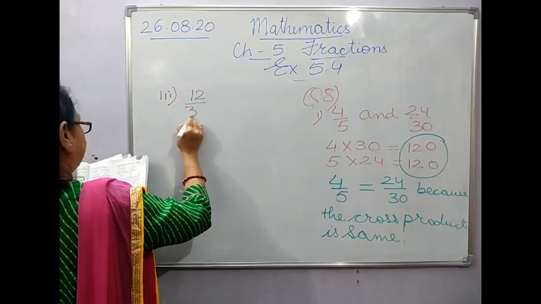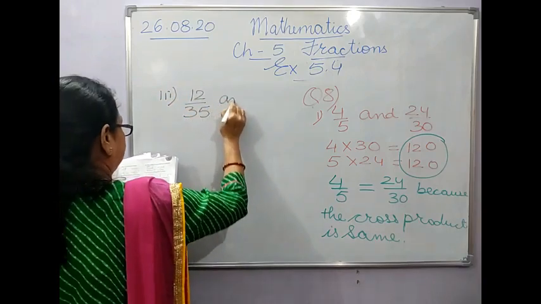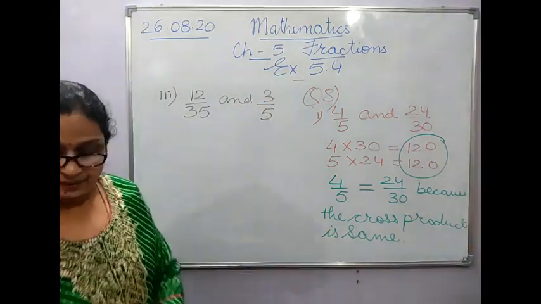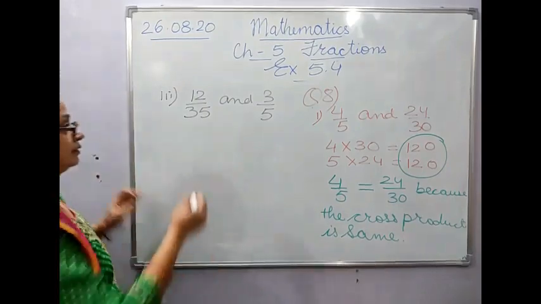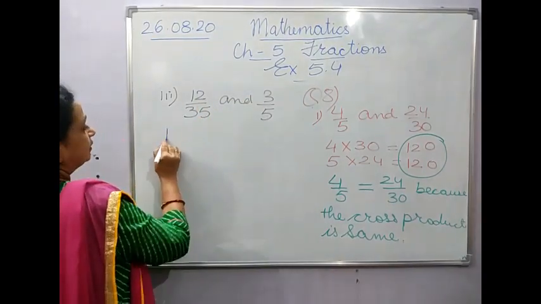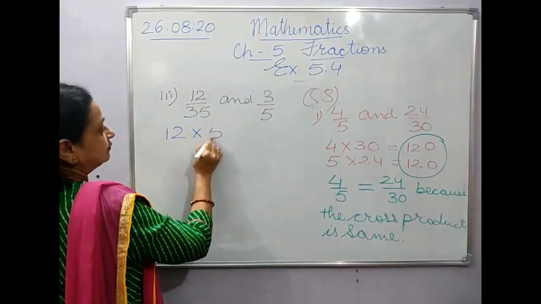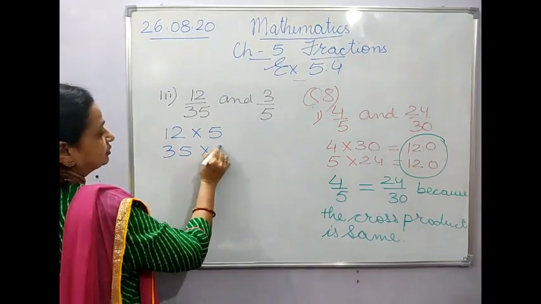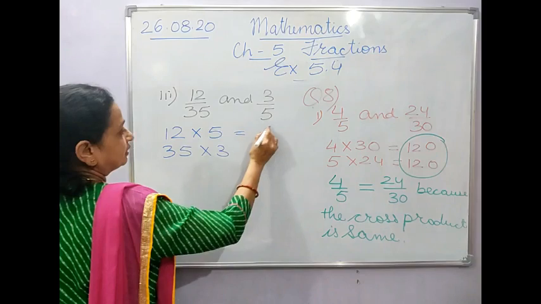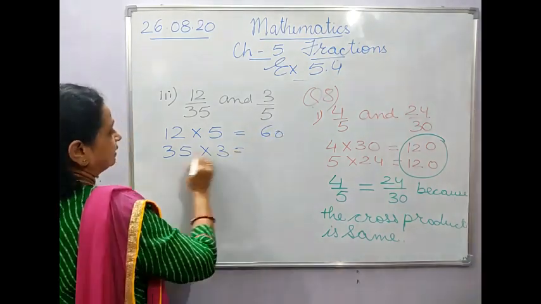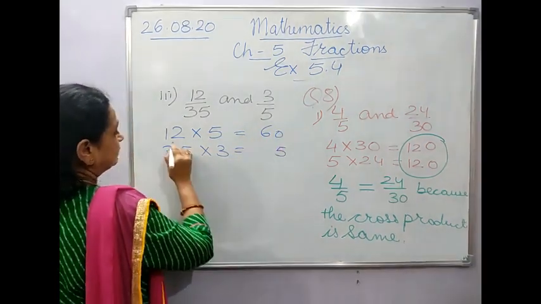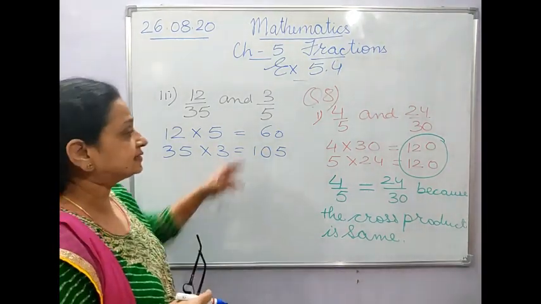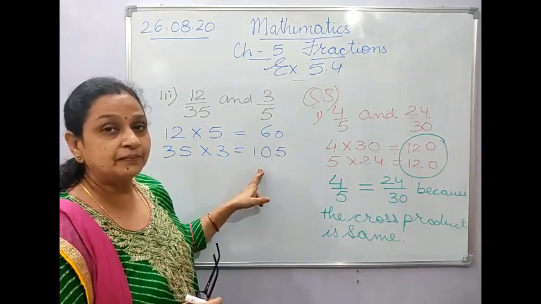12 upon 35 and 3 upon 5. Okay. So we'll cross multiply 12 into 5 and 35 into 3. 12 fives are 60, 3 fives are 15, 3 threes are 9 and 1 is 10. Are the answers of the cross multiplication same?